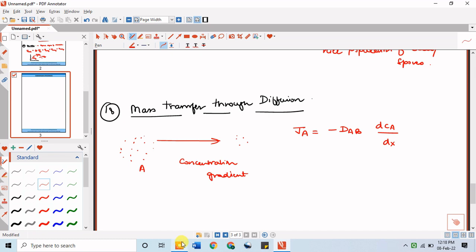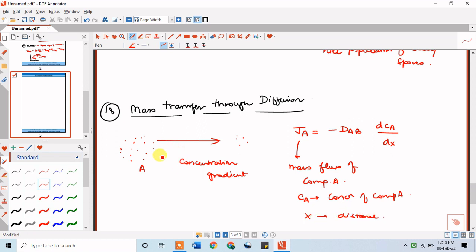So here, because of the concentration gradient, this is happening. This is the reason. Now let me just write down everything. So what is JA? JA is the mass flux of component A. And what is CA? It is just the concentration of component A. And x is the distance.